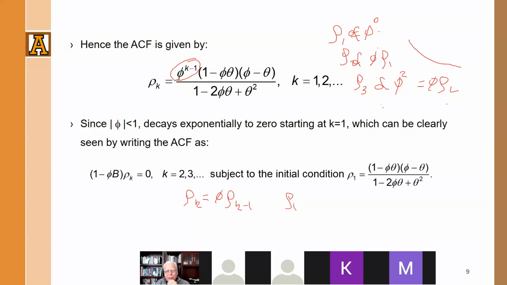And that's an important result for ARMA 1,1, because we'll start looking very soon at model identification.